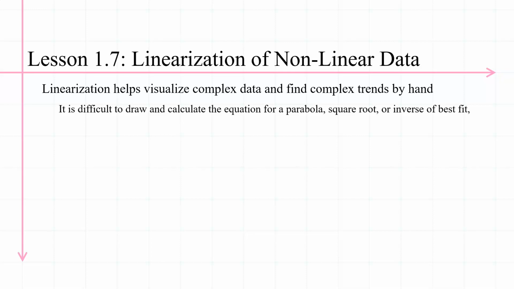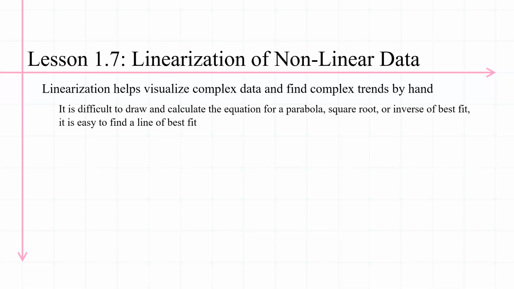You can't really do that with parabolas and square root graphs and inverse graphs. If you've ever tried to draw a parabola of best fit, you'll realize it's a very mathematical process to do so, and that's much better left up to a calculator or a computer. The same with a square root of best fit. But lines of best fit are easy.